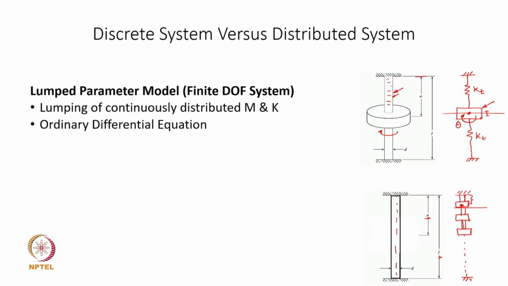The governing equation of motion that we have obtained in many of the cases, like even for 2 degree of freedom, 3 degree of freedom or multi degree of freedom systems, is an ordinary differential equation of motion, a second order ordinary differential equation. So you basically get m d2x1 by dt square plus (k1 plus k2) into x1 plus or minus k into x2 equal to f of t, and those kind of ordinary differential equations we observed.